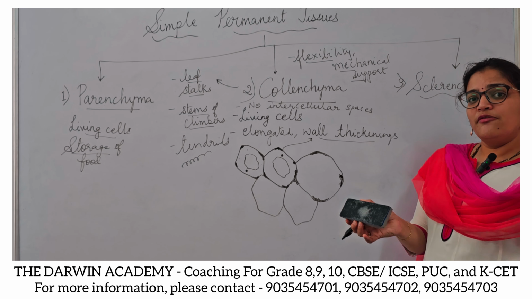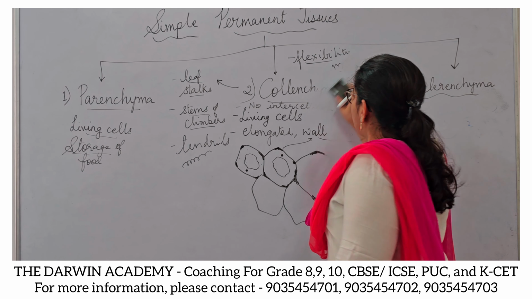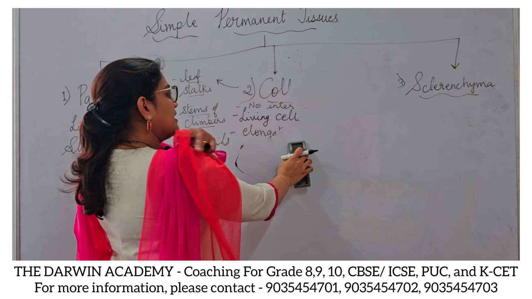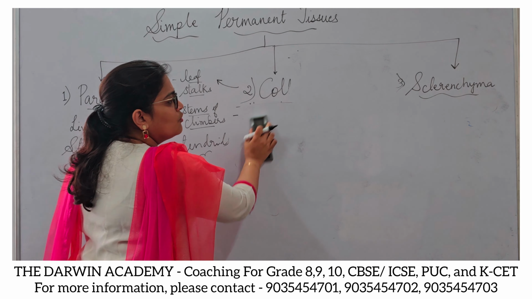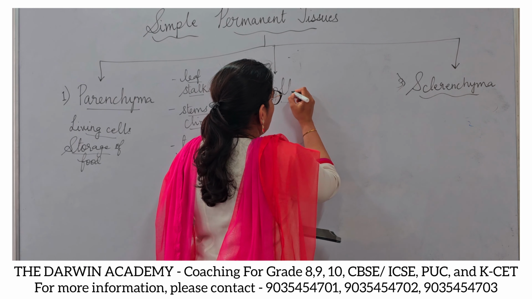With that, we will be moving on to the third part of simple permanent tissue, and that is sclerenchyma. I am erasing the part which I have already discussed so that you would know what particular type of tissue that I am talking about.